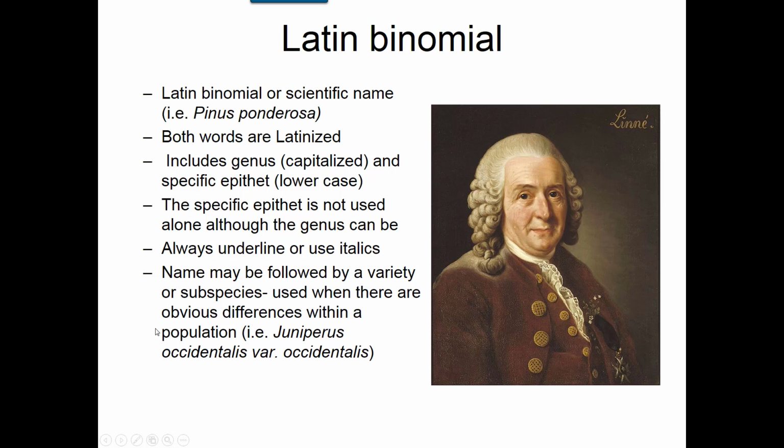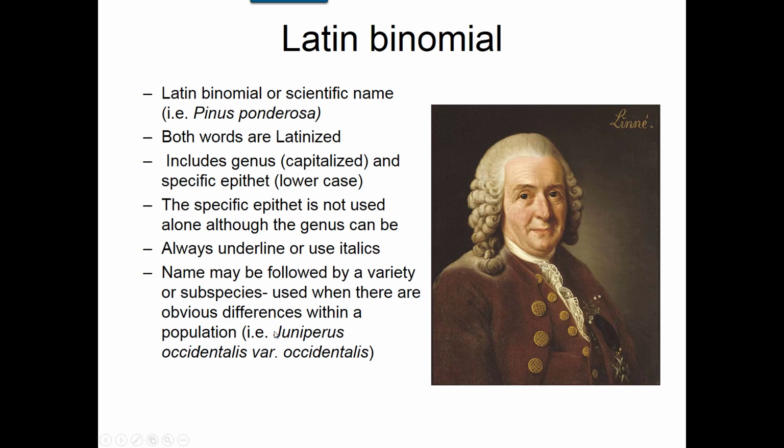In some cases, you'll see that the scientific name is followed by a variety or a subspecies. These are taxonomic groupings that are below the species level. So it's a way that you could distinguish between different kinds of Pinus ponderosa.